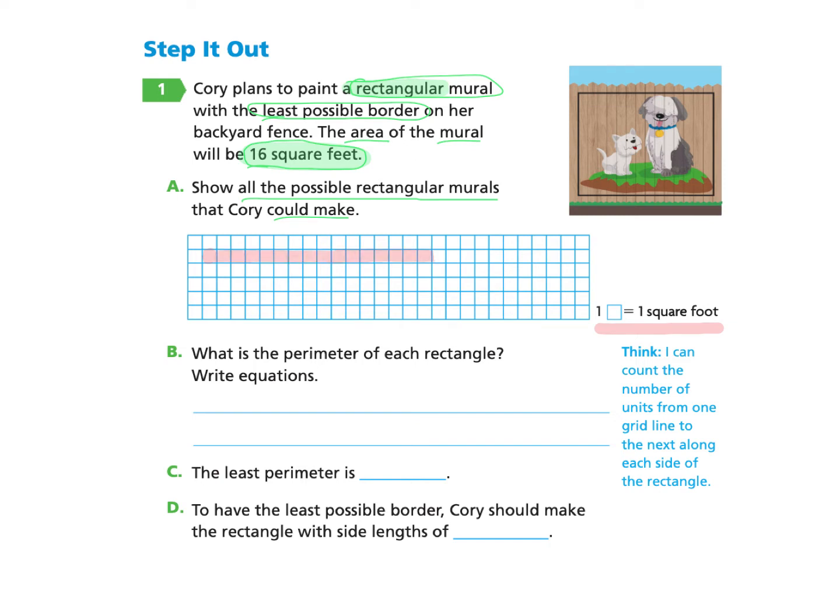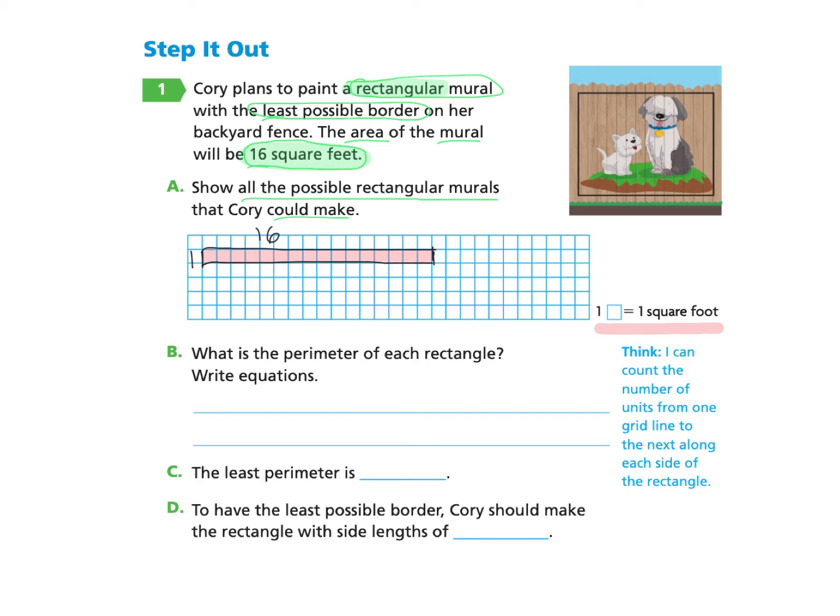So I have created a rectangle that has 1 by 16. So there's 1 square foot here and 16 across. And so that is going to be one option for the mural.